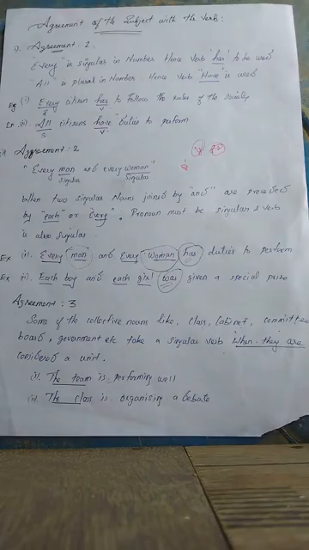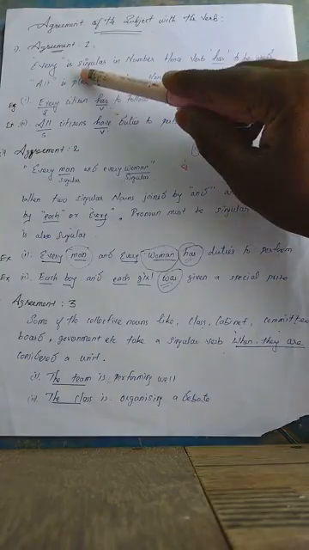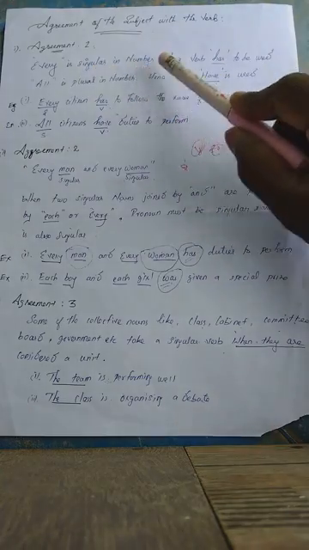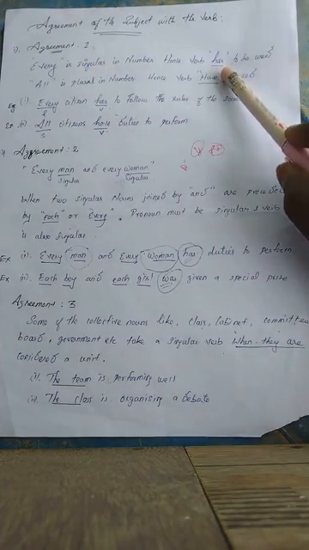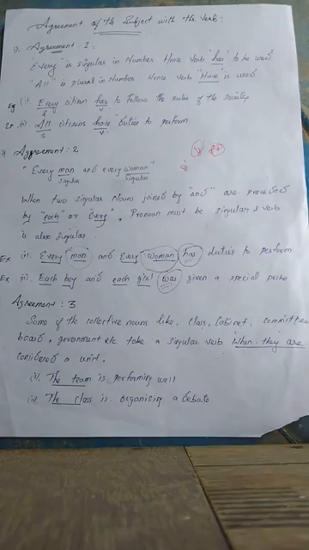In the errors part, they may ask something like 'every children have'. So in such a way they may ask. Every is singular in number, hence the singular verb has to be used. So what is the be-form verb you have to use? Either has, or is, or was, according to the sentence and the verb given there.